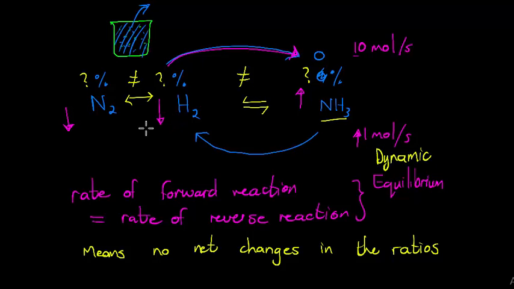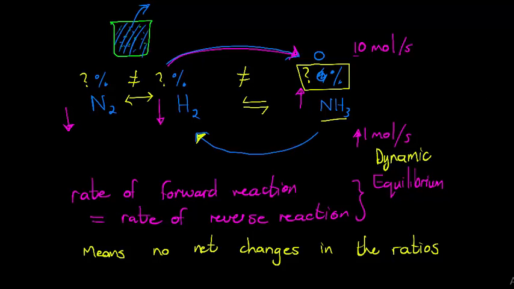So in the industry, when they're producing ammonia, we have a problem: when we produce it, it goes back to its original reactants. So what can we do to favor this reaction so that we can produce a higher percentage of this? It has to happen in a closed system, but there are certain things that we can do to improve this reaction to produce more products, and that's what we'll look at in a future video.